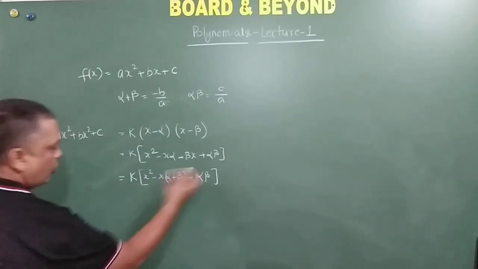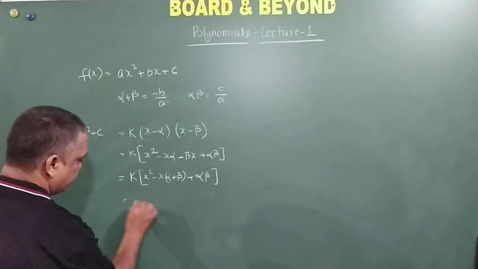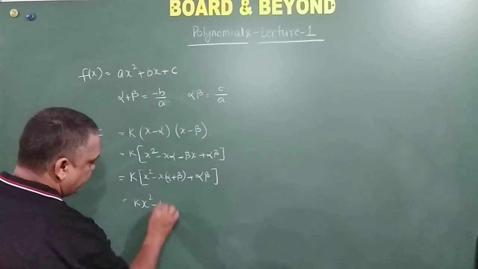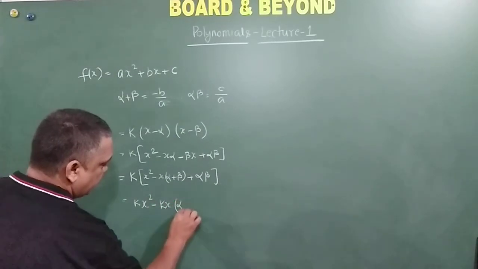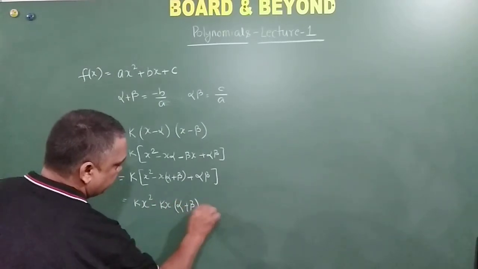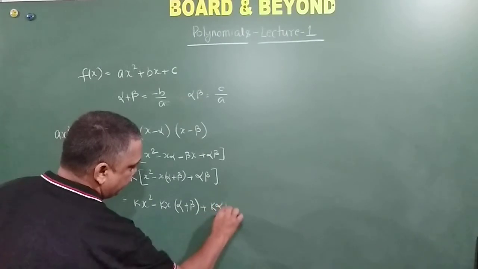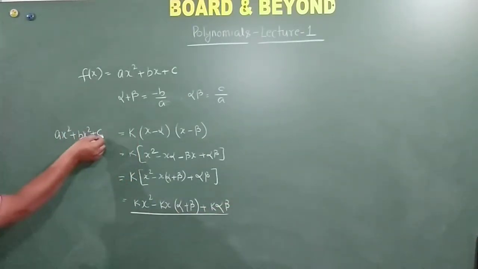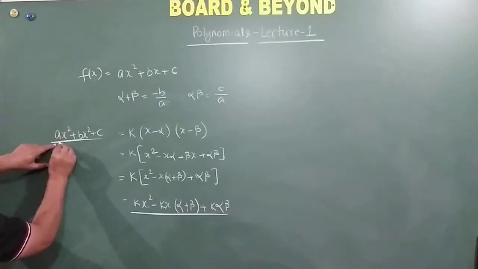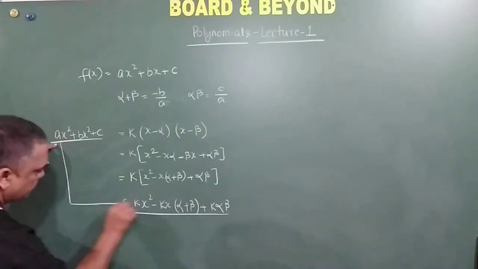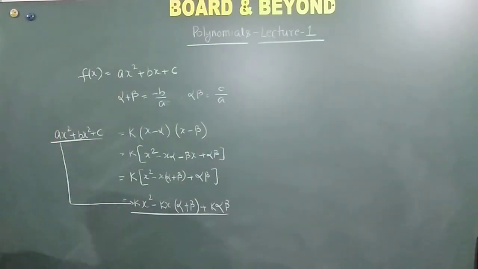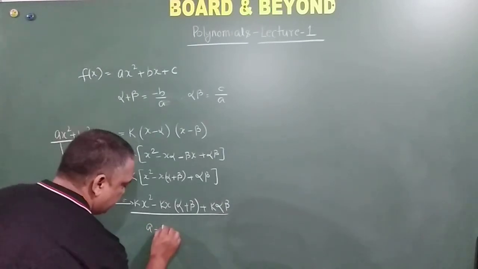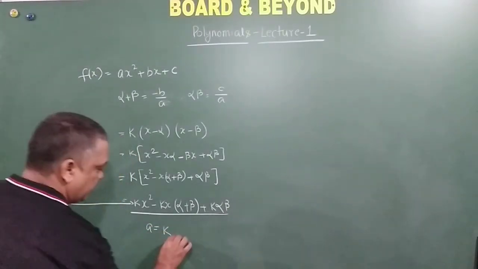Opening up the bracket further, kx square minus kx (alpha plus beta) plus k alpha beta. So comparing this and this, we can understand that a is equal to k, right? So a is equal to k.